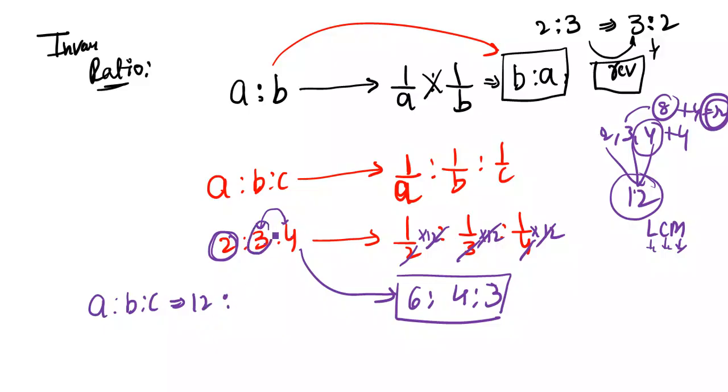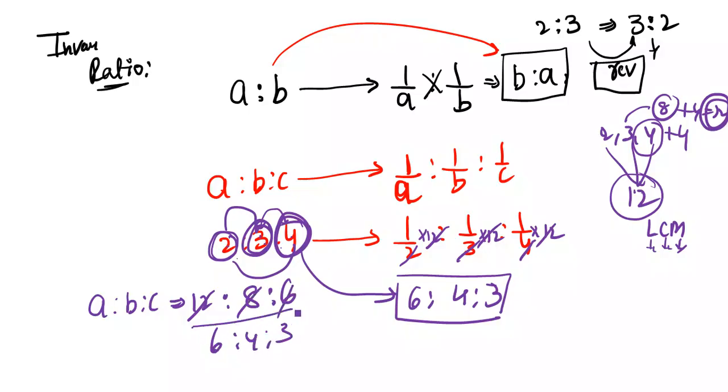If you want to find the B value, close the B, multiply the remaining numbers. 2 4s are 8. If you want to find the C value, close the C, multiply the remaining 2 numbers. 2 3s are 6. Let me calculate: 2 6s are 12, 2 4s are 8, and 2 3s are 6. The final answer is 6:4:3.